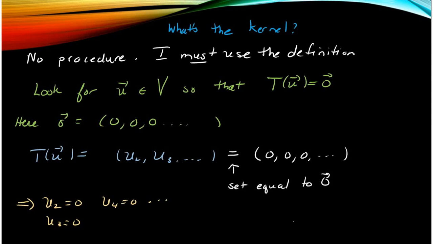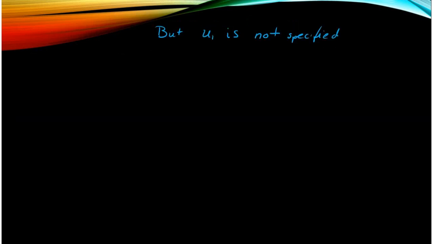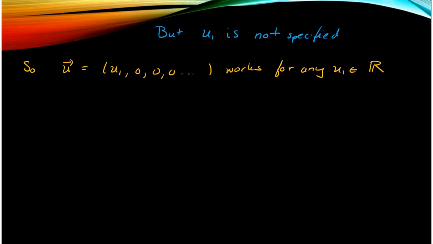No augmented matrix. I have to solve each component separately. What I get from this is that all the components must be 0, except u1. u1 was not specified by any of those equations. So just like we have a free variable for finite dimensional spaces, u1 is a free variable here in the infinite dimensional space.